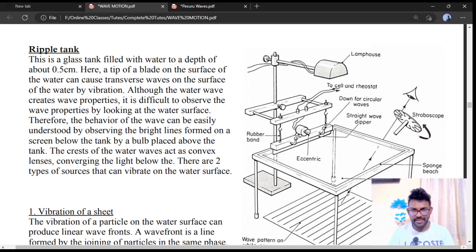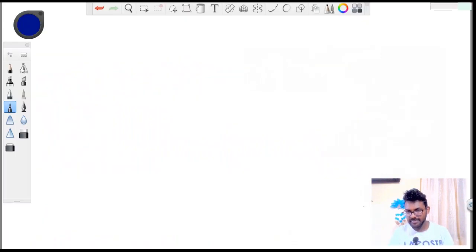The ripple tank is a very simple device that we can construct, right? It's not a very deep one, a shallow water tank with a glass base, right? There will be a glass for the base, and it's not like the fish tank that you have seen. Very shallow one, like this.